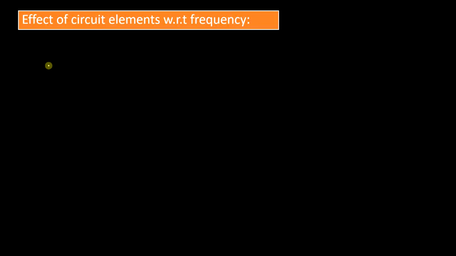If you look at the graph of impedance versus frequency in the case of a resistance, the value of the resistance almost remains constant unless we vary it. This is not dependent on frequency, right? Resistance is a flat response because it is not frequency dependent. So this is the graph for a resistor. You obtain a flat response.